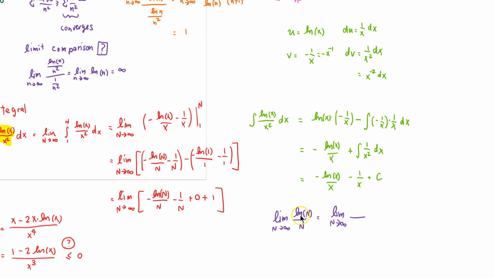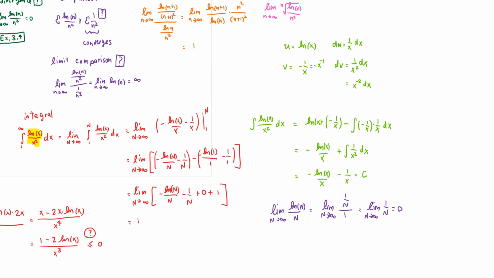Then the derivative of the top is going to be just 1 over n, and the derivative of the bottom is going to be 1. So this is just the limit of 1 over n, where n goes to infinity, which is just 0. So then I can conclude that this whole limit is going to equal 1.